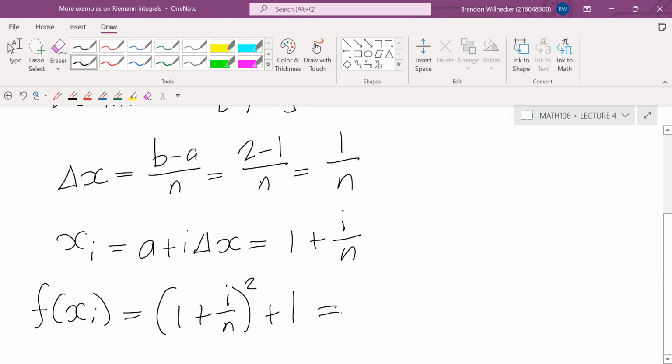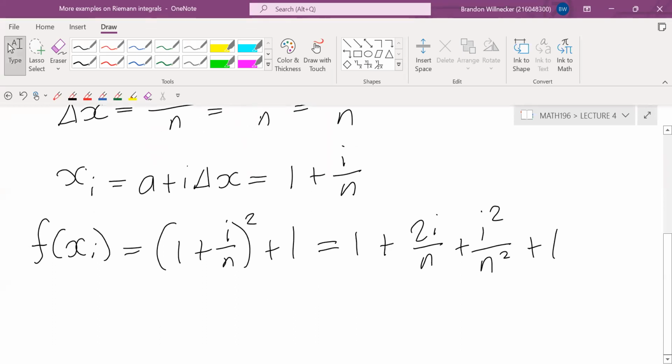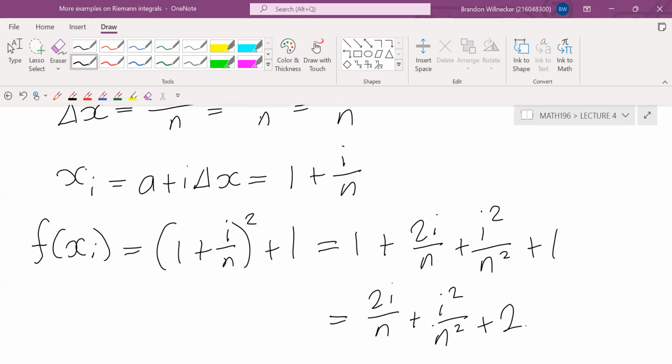Okay, so if we expand that out, we're going to get 1 plus 2i over n plus i squared over n squared, and then we still got that 1 over there. So we can write this as 2i over n plus i squared over n squared, and then 1 plus 1, that's just 2. Okay, so we've got everything we need to find the area now.